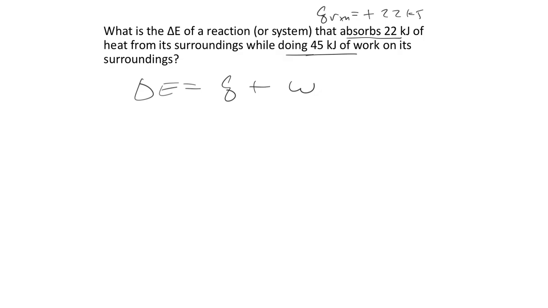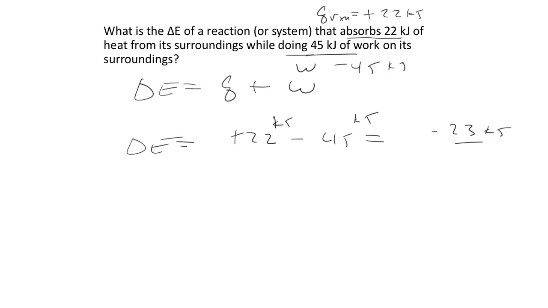So work done on the system by the surroundings is positive. If I'm heating the surroundings, if I'm moving the surroundings, that's negative. So this will be negative 45 kilojoules. That'll be my W. So my delta E will be equal to plus 22 minus 45 kilojoules. And so that will give us a value of minus 23 kilojoules.